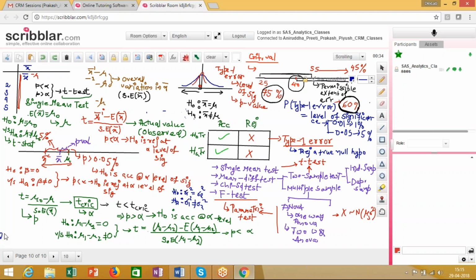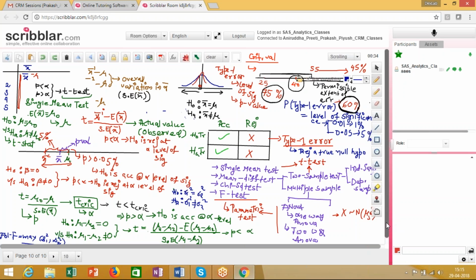So what we talk about is the folded F, right? So this is defined as the difference between the maximum of the two sample variances and the minimum of the two sample variances.